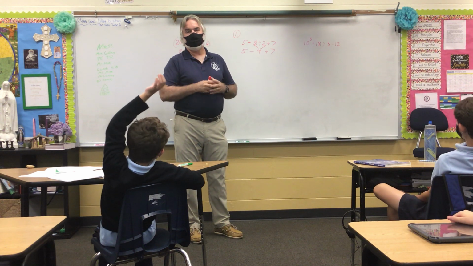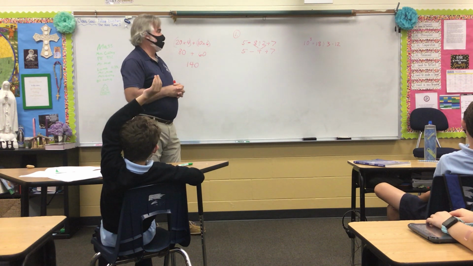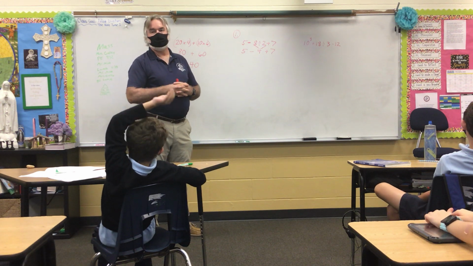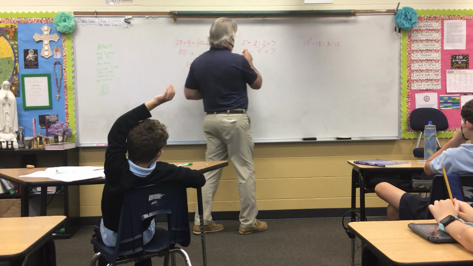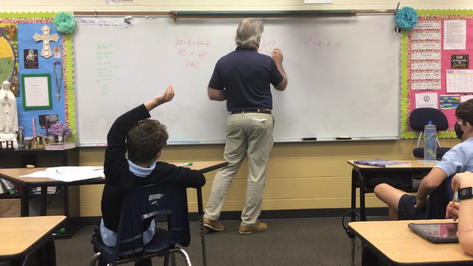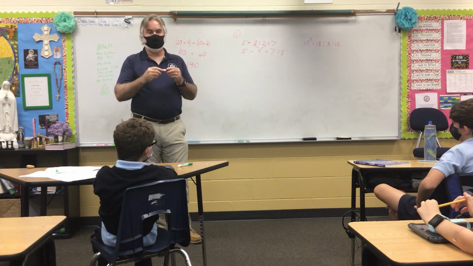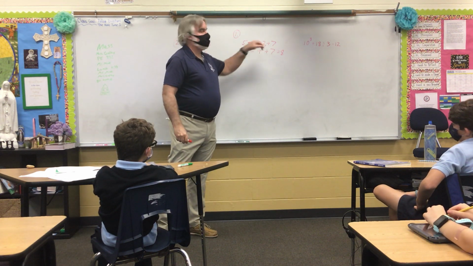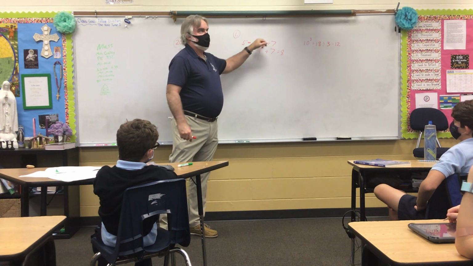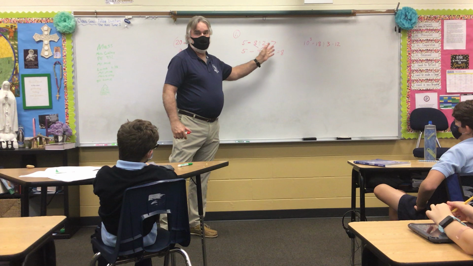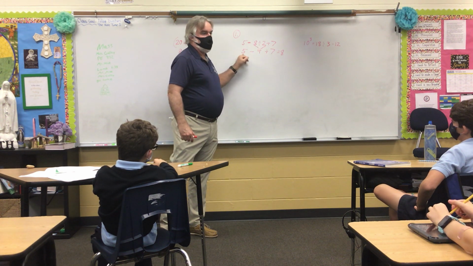What do I do now? Go ahead, answer it. 5 minus 4 is 1, plus 7 equals 8. Okay? Yesterday you guys were coming up and you had problems like this where you had a division followed by a multiplication in the middle of the problem. You do that and then you just solve straight across.